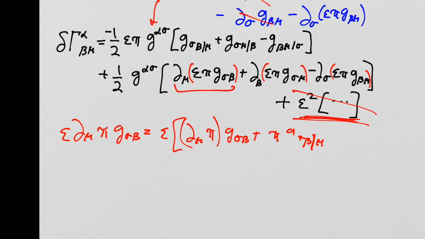All right, let me not do that. I can just see that that's going to be a problem for somebody. Pi partial mu g sigma beta, right? That's going to be this term. And all of these terms are going to have the exact same expansion and structure. It's simply a partial derivative.